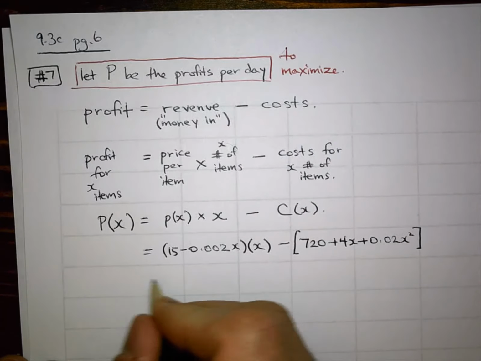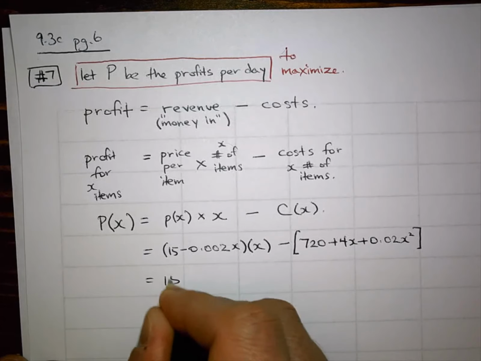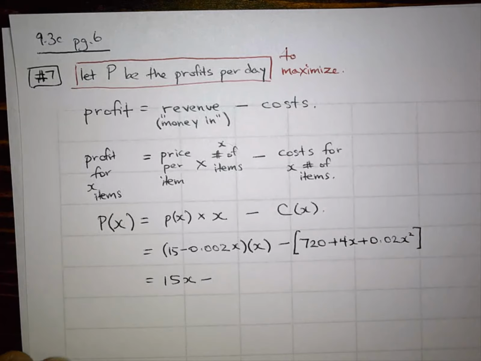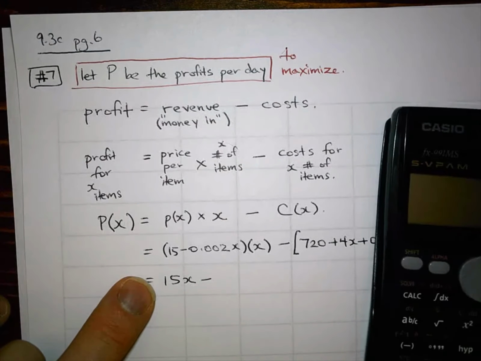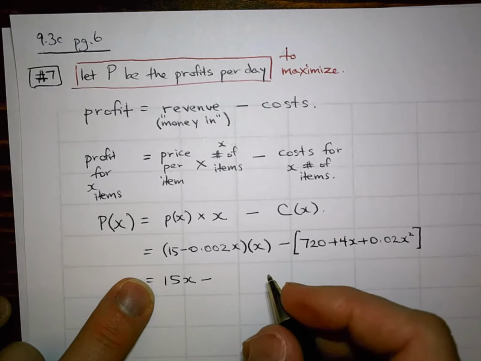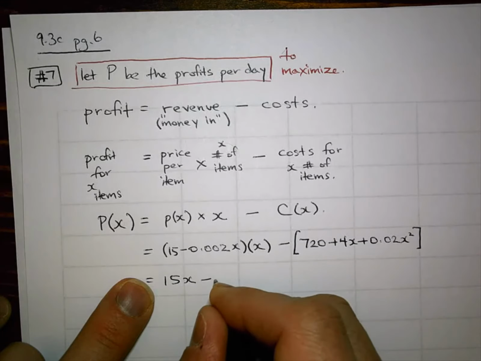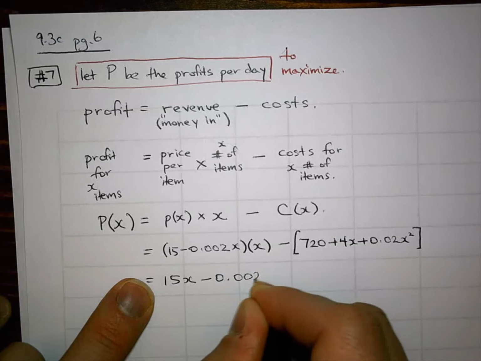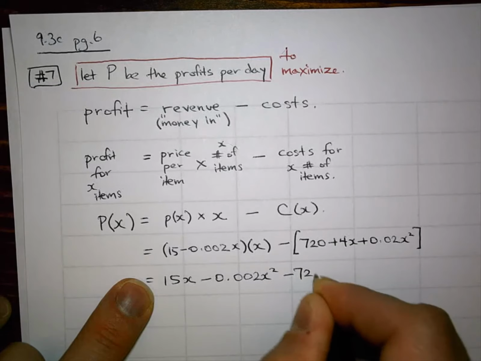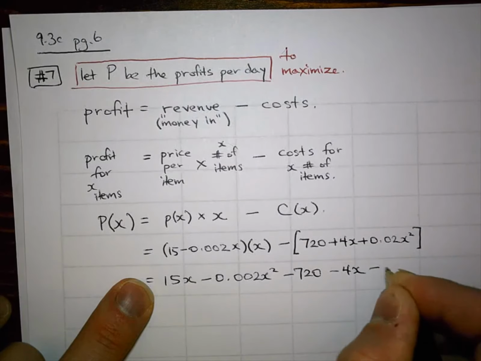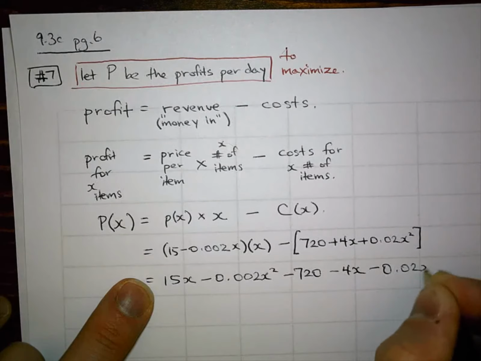Okay, so I'm going to just simplify this now. So I have 15x minus 0.002x squared minus 720 minus 4x minus 0.02x squared.